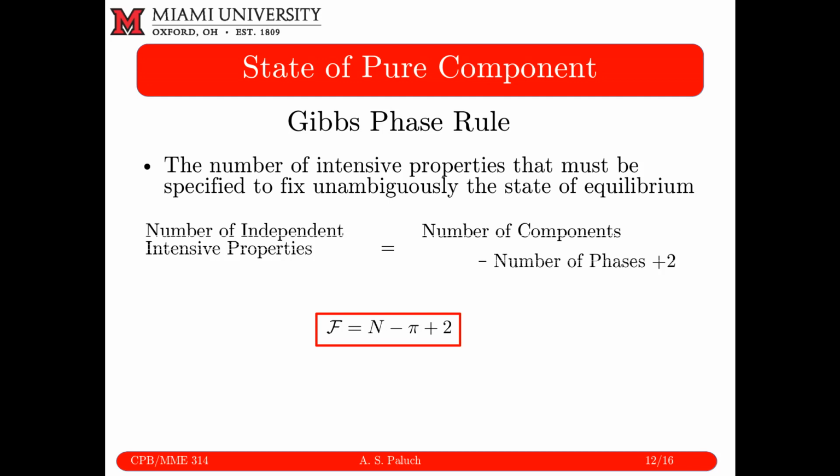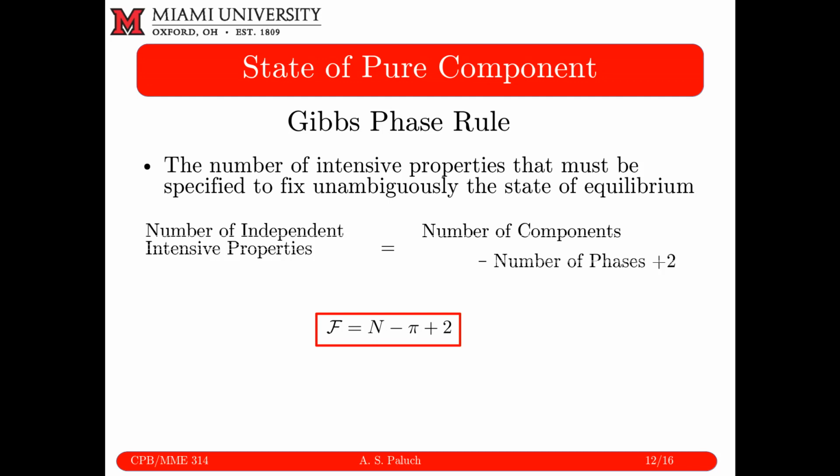So if I have a single component system in a single phase, I have 2 degrees of freedom. If I specify temperature and pressure, my system is fixed. I need 2 intensive variables to characterize my system. If I have a single component system, but now in 2 phases, vapor-liquid coexistence, I have just 1 intensive variable that I need to specify. If I specify, say, temperature, the state of that system is fixed.